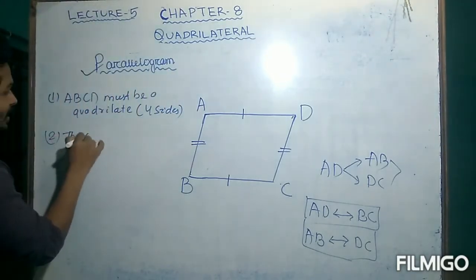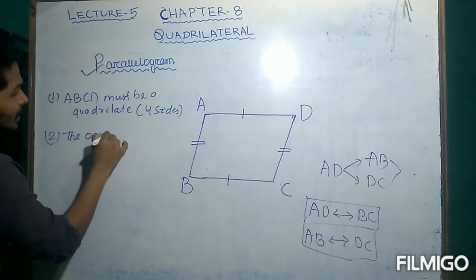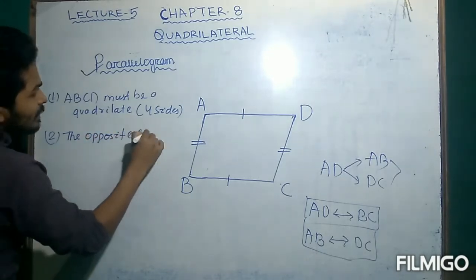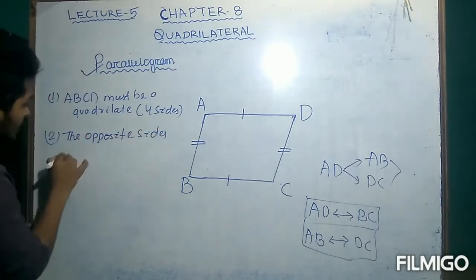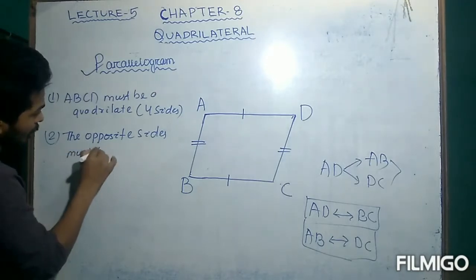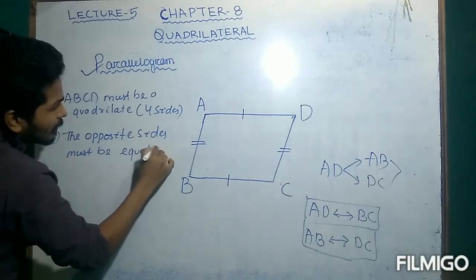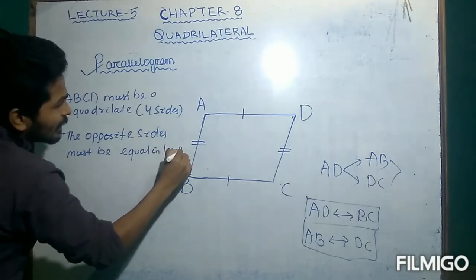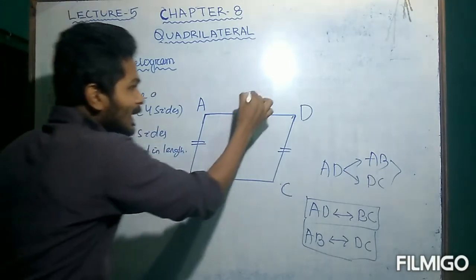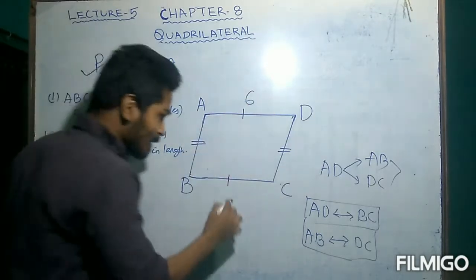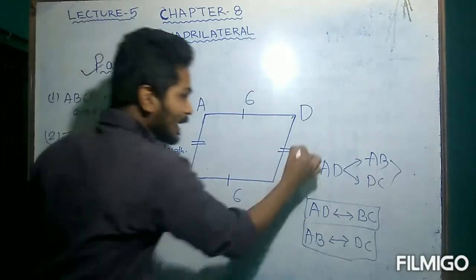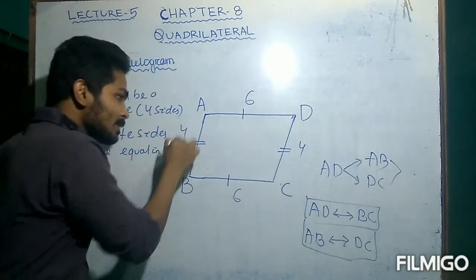The opposite sides must be equal in length. For example, if we take this as 6 cm, then this must be 6 cm. If we take this as 4 cm, then it must be 4 cm.